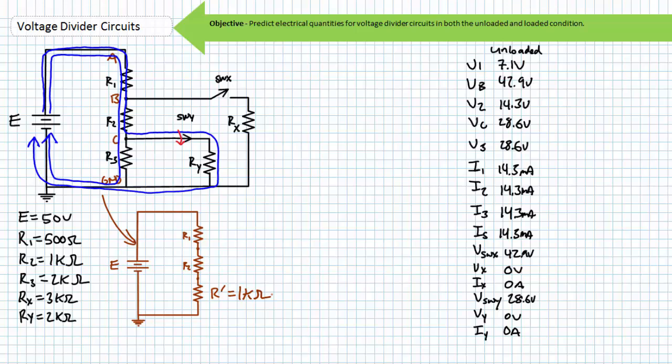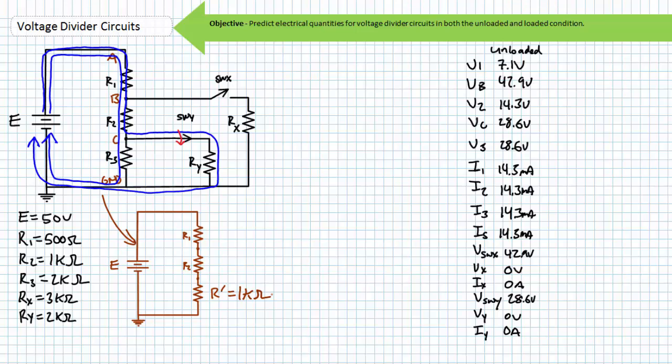The loaded voltage divider circuit has fundamentally changed from its unloaded configuration. Total resistance has decreased because of the additional current carrying path. Source current will increase and voltage drop across each element and nodal voltages will be reapportioned. A loaded voltage divider circuit is a circuit fundamentally different from unloaded conditions and must be approached as such.